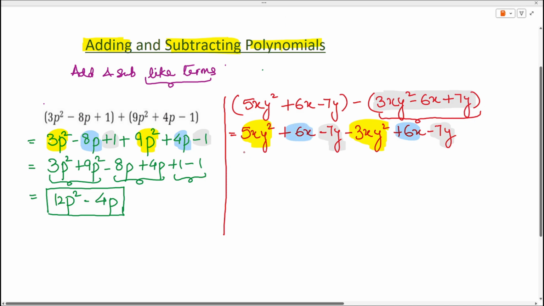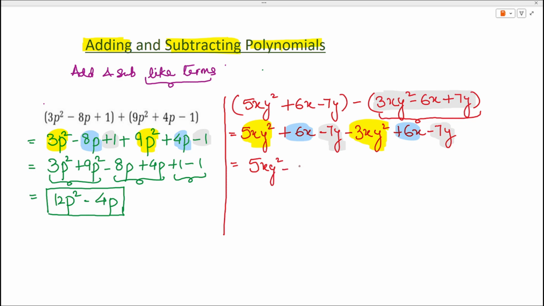So let us put them together. We have 5xy square subtract 3xy square plus 6x plus 6x subtract 7y subtract 7y. Now when we add these two together, we get 5 minus 3, which is 2xy square.